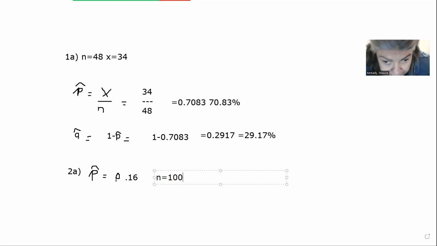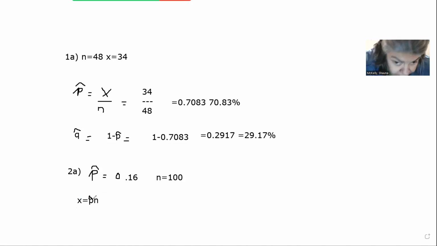Now, from the formula that you see on the screen above, if you think of just cross multiplying here, x, which is what we want to know, is going to equal p hat times n. So all you need to do is multiply p hat by n to get x.